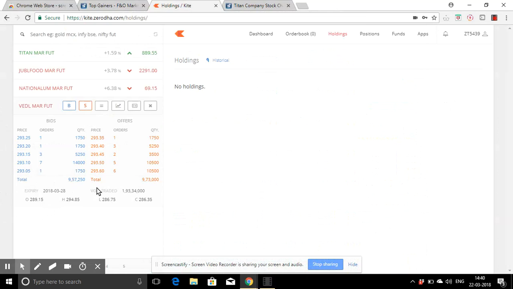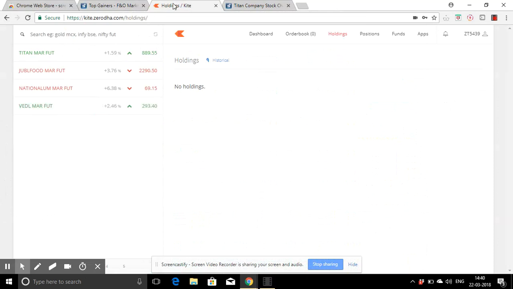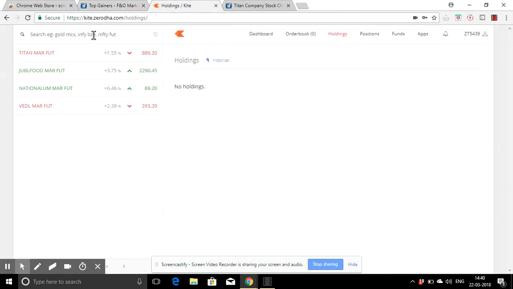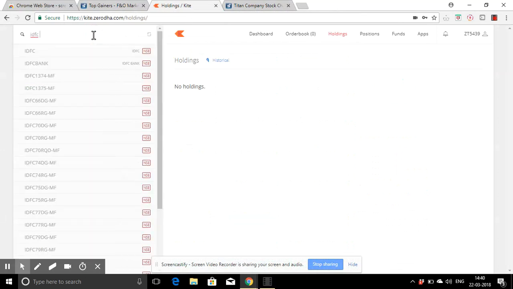Okay, it's at day's high, but the buyers to sellers ratio is not that favorable. But we'll still have it, because once the momentum comes in, the volume suddenly comes in, and you will have a sudden spike of buyers. We'll have IDFC. I think the lot size for IDFC will be big, so I don't think I will be able to give that for BTST.